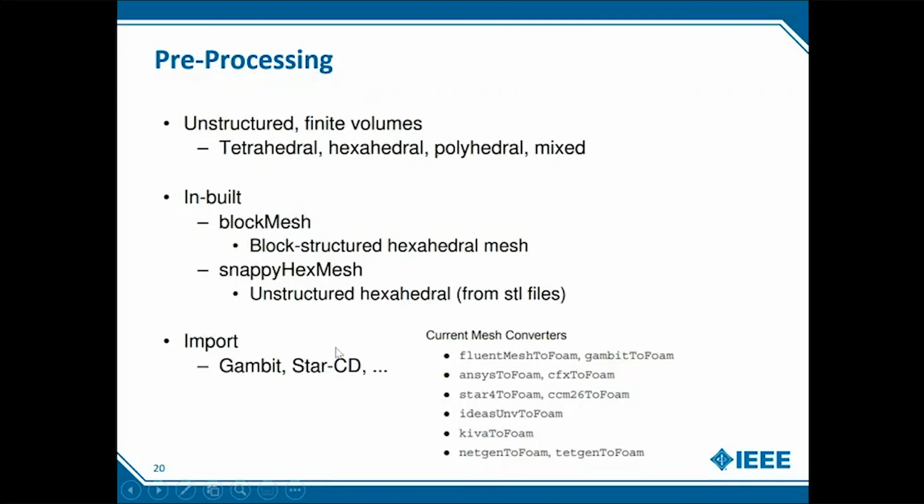Also, another thing is OpenFOAM meshing is not really great if you have a very complicated geometry. People usually prefer using more sophisticated meshers, for example Gambit or Star-CD, or even Fluent meshing, and then you can import that mesh into OpenFOAM. So in OpenFOAM all you're doing is the analysis, and you're meshing it in some third-party software.